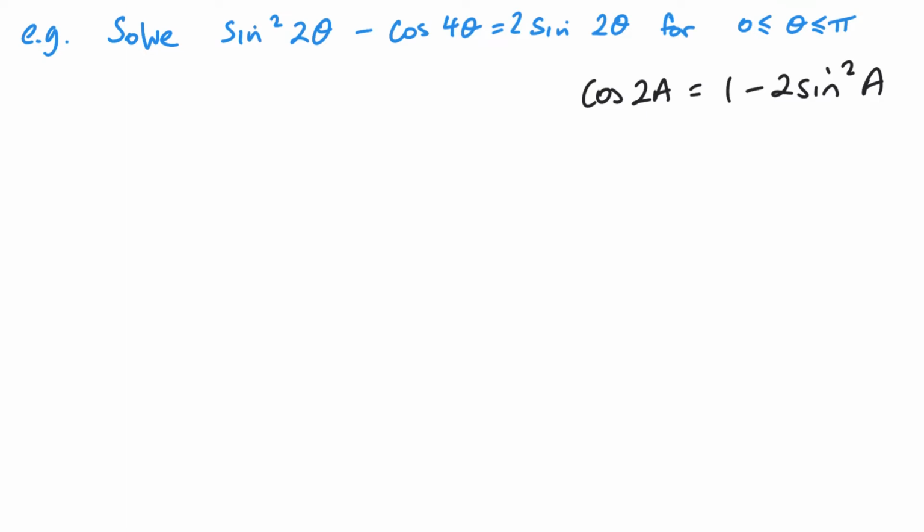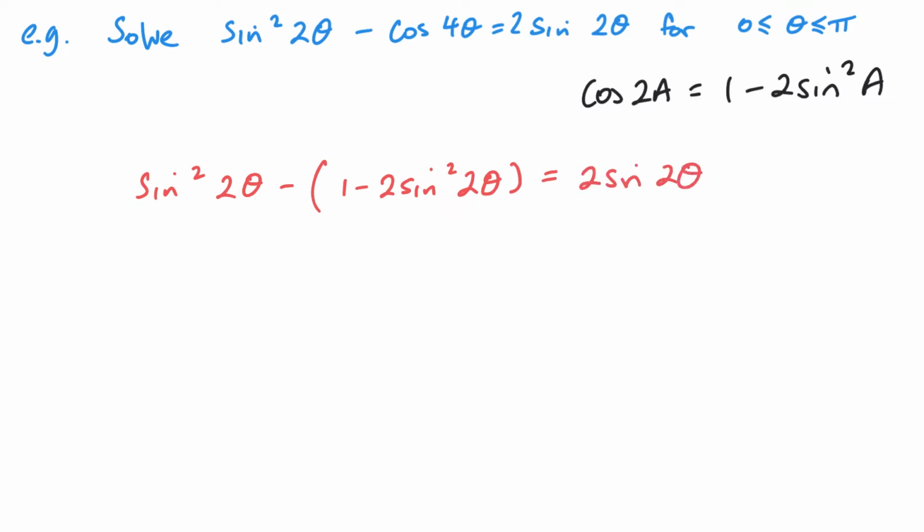So let's write it out. We've got sine squared 2 theta minus 1 minus 2 sine squared 2 theta equals 2 sine 2 theta. So sine squared 2 theta minus 1 plus 2 sine squared theta minus 2 sine 2 theta equals 0.